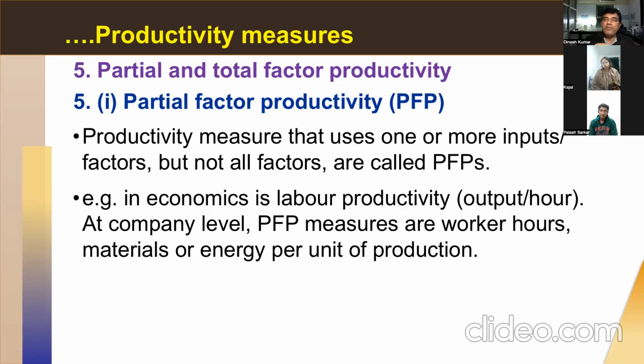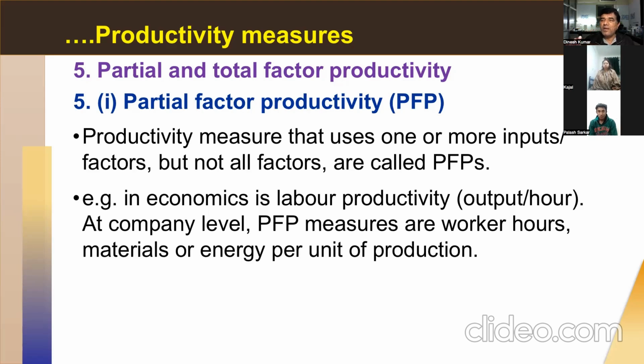But what happens when we want to calculate the total factor productivity? Whatever factors, fixed or variable, we have used in the production, if we want to calculate the combined productivity of all inputs, it is possible. But we need to convert it in terms of money. Suppose I have used 30 kg phosphorus, I will know the value of phosphorus.